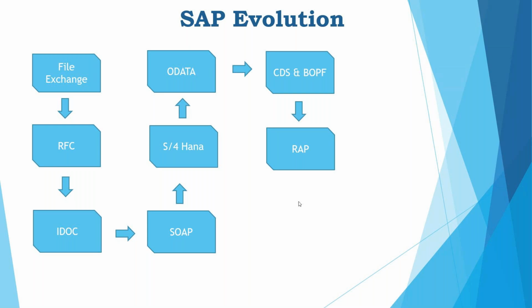So it means whatever select queries you develop, instead of developing them in the application, that is SE38 or anywhere, you develop those in CDS views. When you execute that CDS view, it is going to run on top of the database, so the performance will be good. Not only that, CDS is not only fetching the data, you can do simple manipulations also.